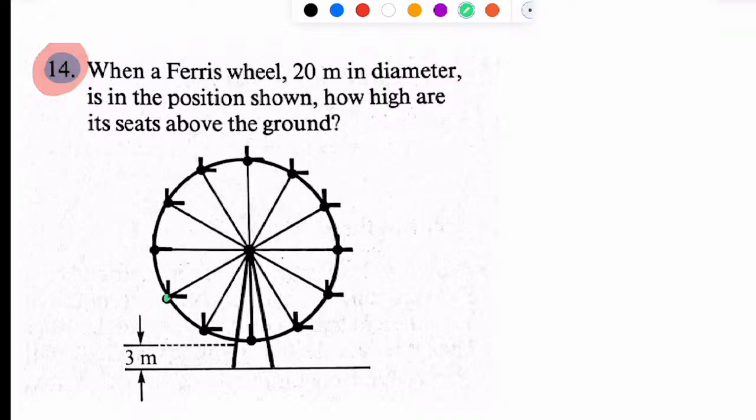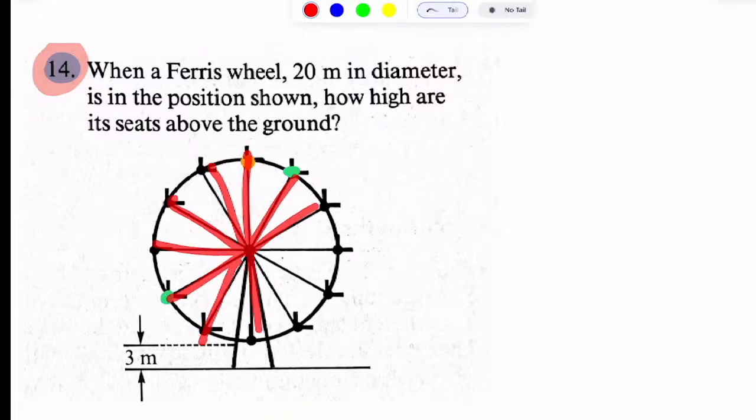I could find this distance to the ground and maybe this distance to the ground. And if you're looking for something different, I could do this one. But on the test, you'll see a Ferris wheel. As a reminder, this Ferris wheel has 12 slices out of it. There's 12 of them here.